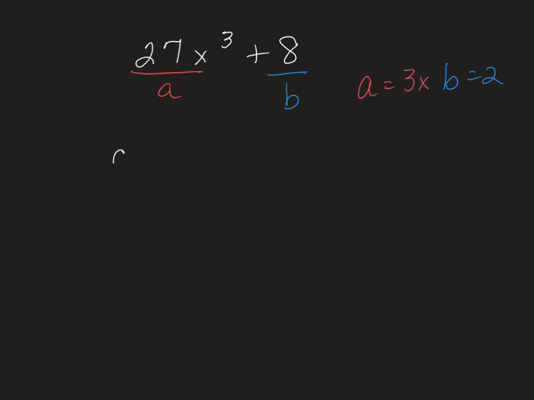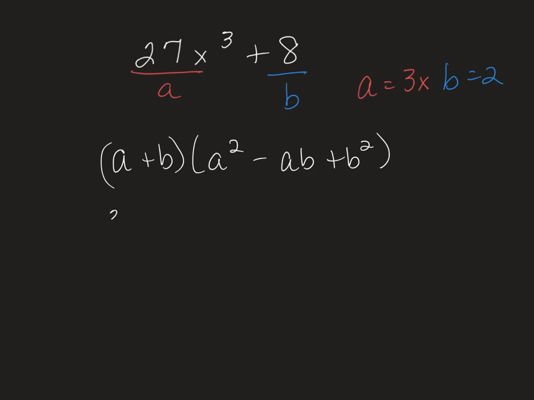My formula is A plus B, A squared minus AB plus B squared. No, you don't have to keep writing the formula over and over again. I'm doing it so you see where I'm putting my numbers in. As you keep working on this, you can always just reference your pattern. You don't have to keep writing it.